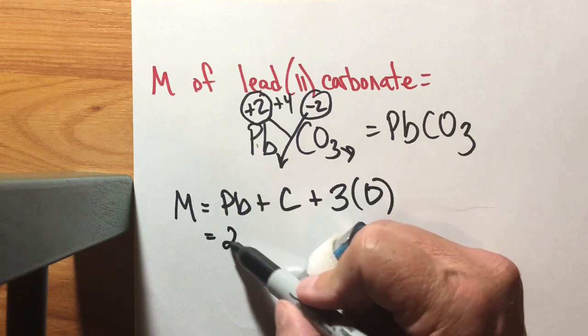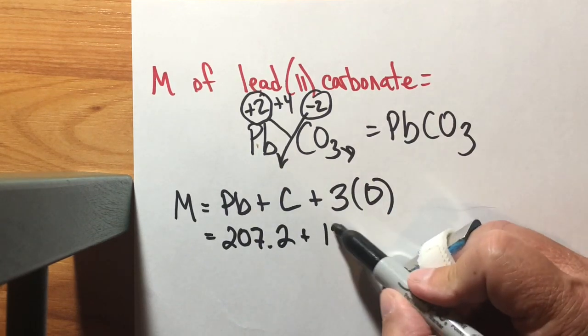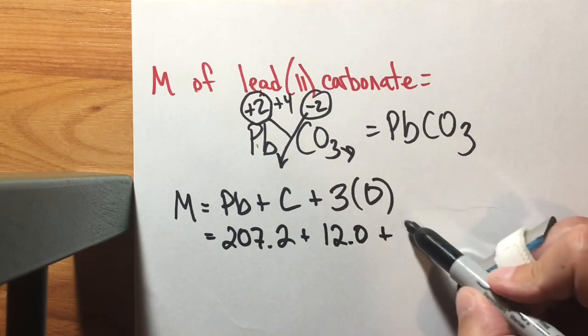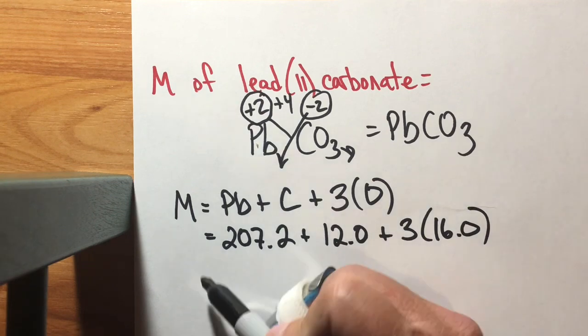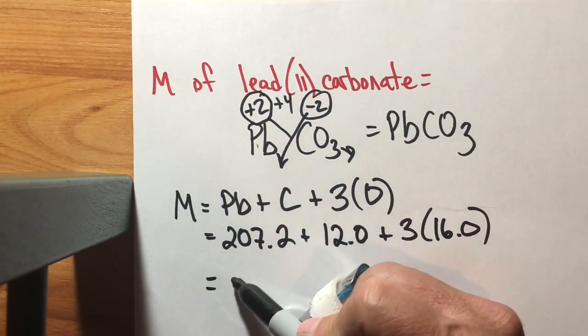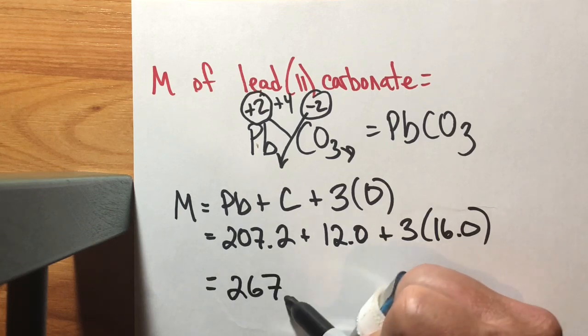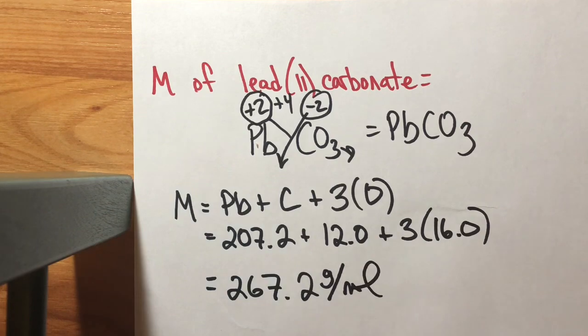Lead has a molar mass of 207.2. Carbon is 12. And oxygen is 16.0. When I plug all that in my calculator, I am going to end up with 267.2 grams per mole. And that's how you would do that one.